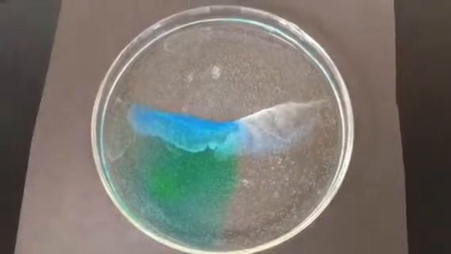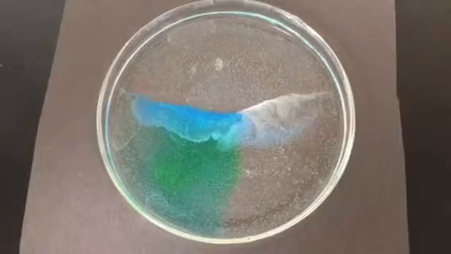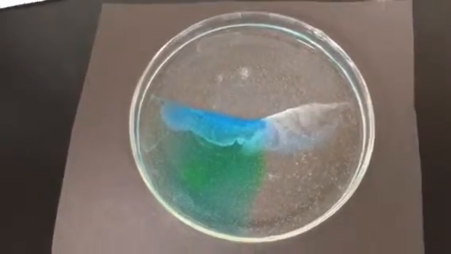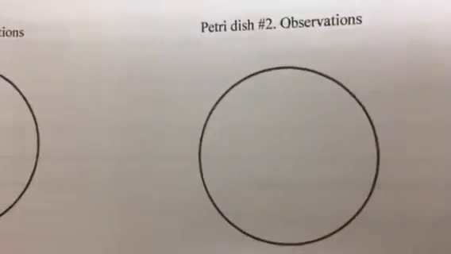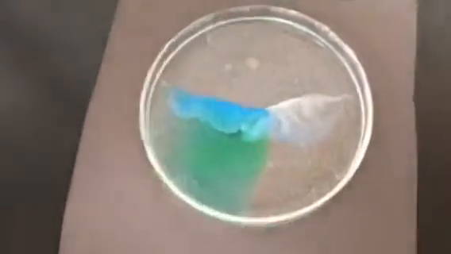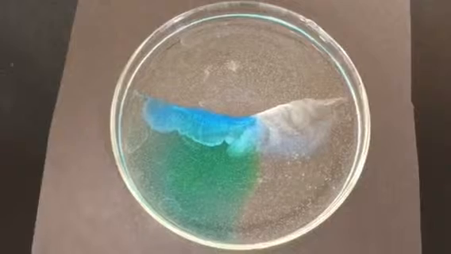Now I want you to draw a picture and describe what you see there. I'll show the paper again. That goes over there, that's Petri dish 1, and there's Petri dish 2 that's going to have the two different colored lines. Let's look at it one more time, and then I think we can stop the video because that brings us to the end of the experiment.